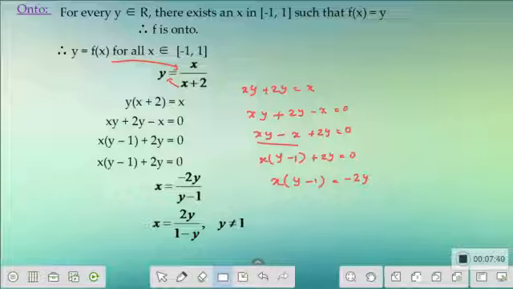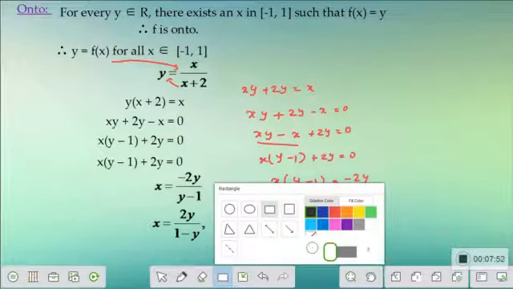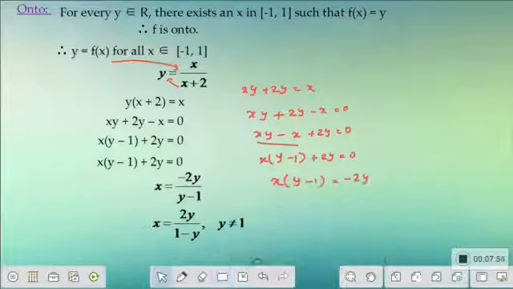So this tells us that for every element 2y by 1 minus y in your first set, that is the closed interval minus 1 comma 1, you have an element called x by x plus 2 in your set R of real numbers. That is, 2y by 1 minus y belongs to the closed interval minus 1 comma 1.